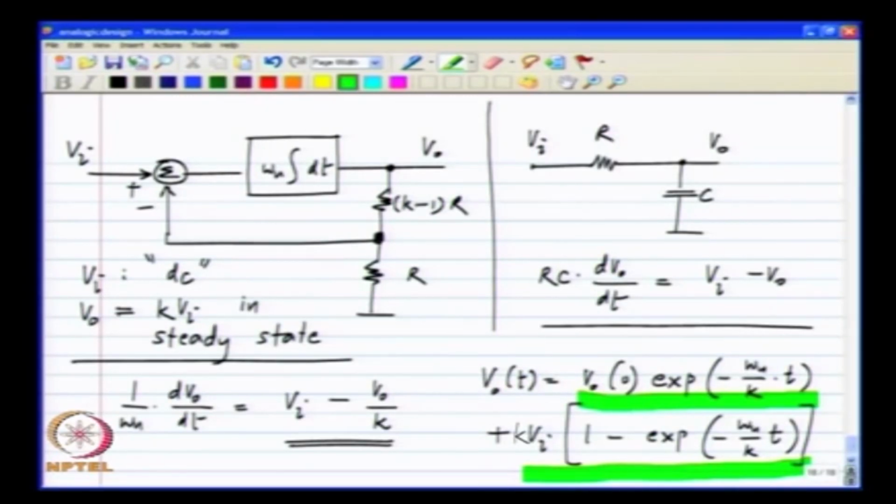It is exactly the same behavior that is seen in a first order RC filter. Okay.